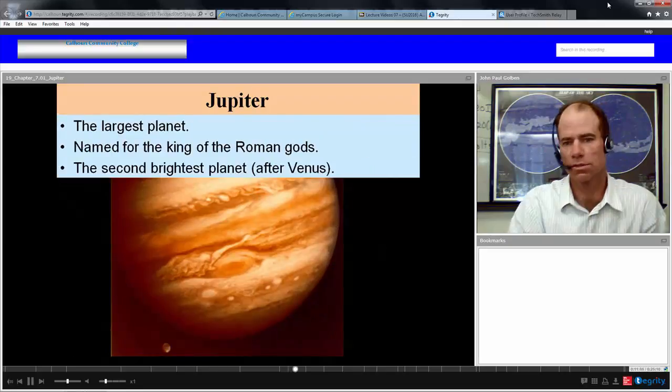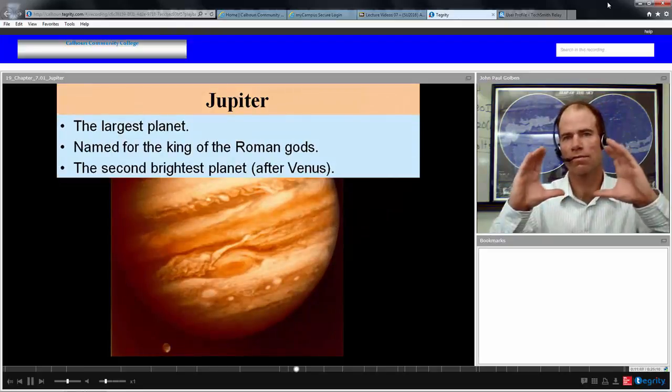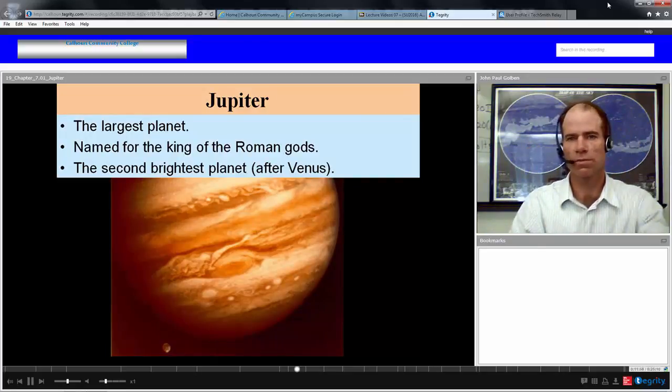It is the largest, and it's also going to have a full reflection towards Earth, being an outer planet, and hence at its brightest, that 1 month a year, it will be brighter than any other star and brighter than most of the planets except for Venus.